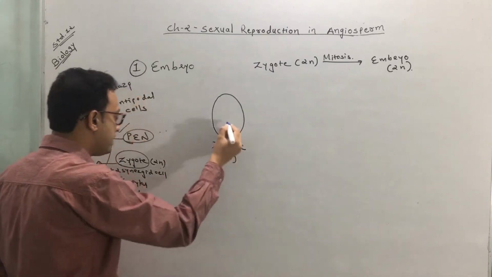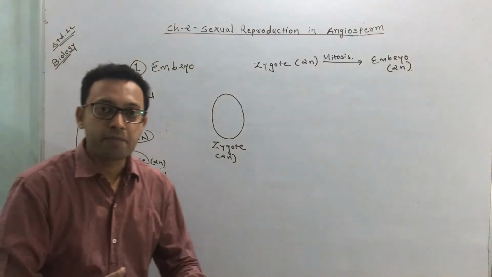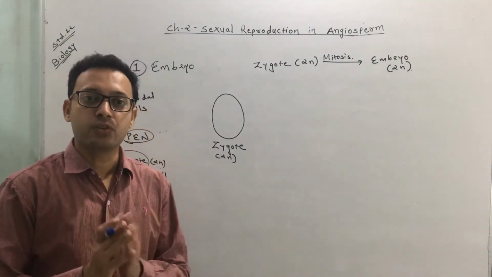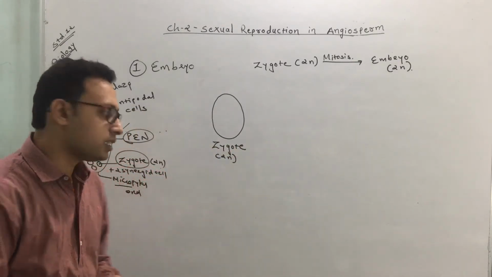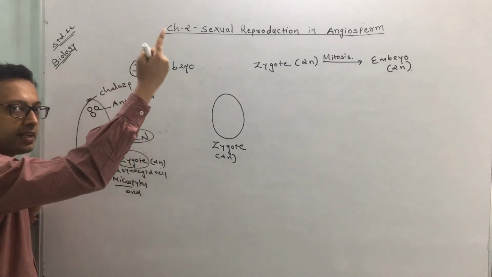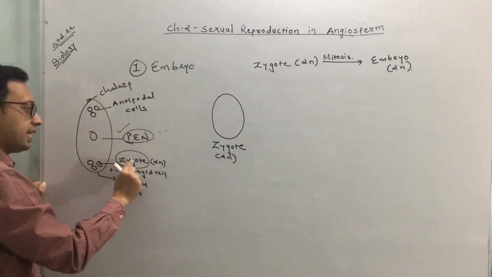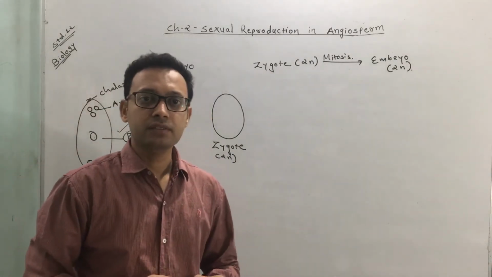For easy understanding, I am enlarging the view. From the primary endosperm nucleus, the endosperm develops, as we have discussed. Now from this zygote, we have to see how the embryo formation process occurs.